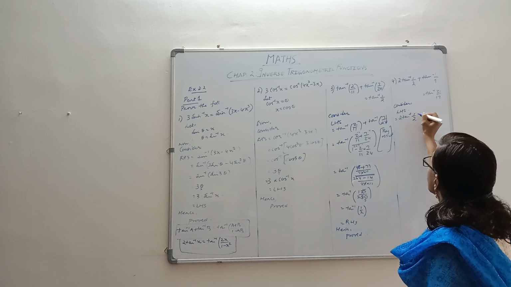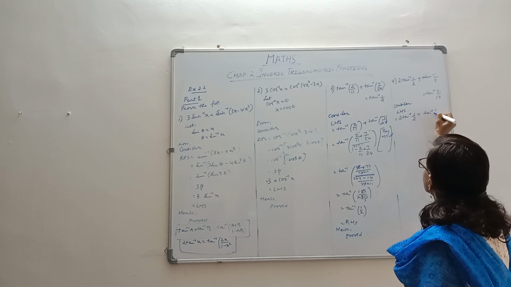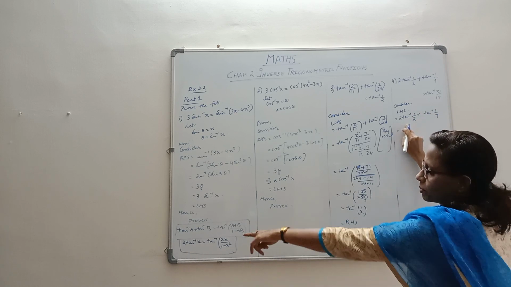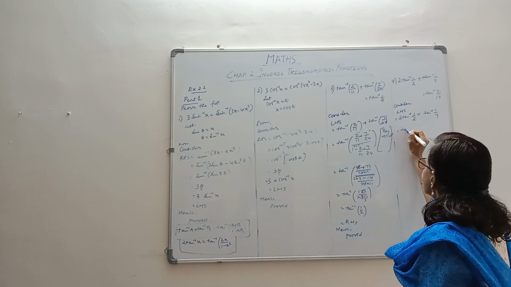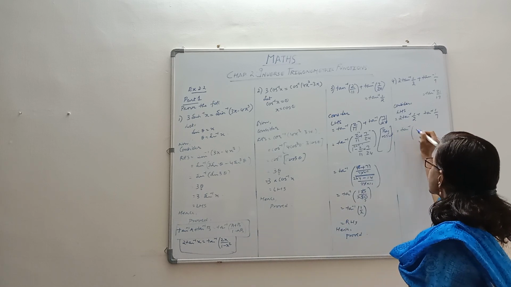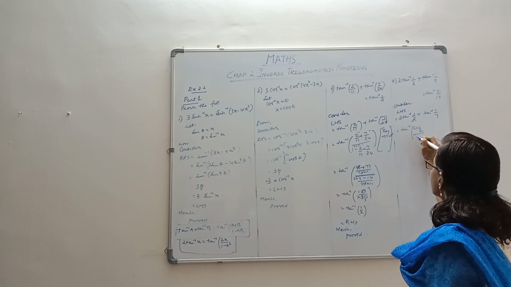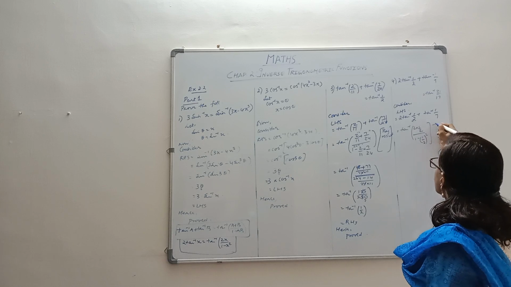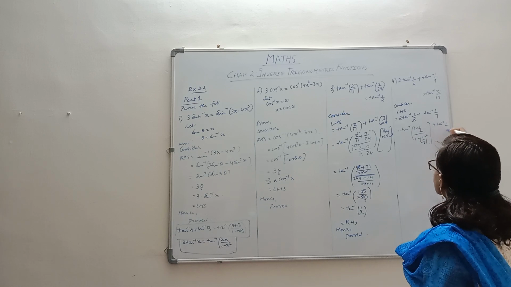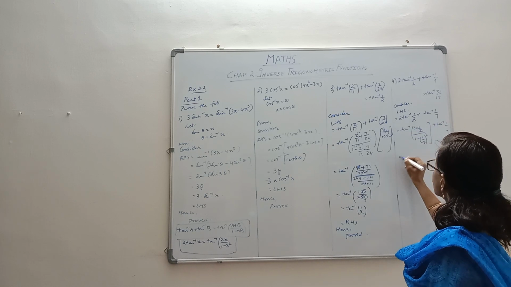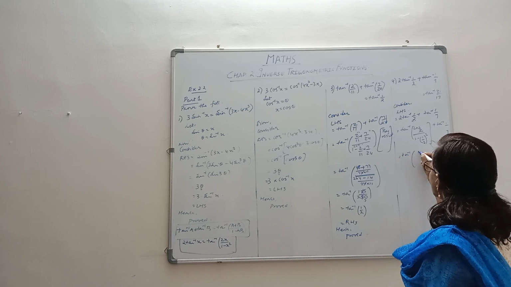So that is 2 tan inverse of half plus tan inverse of 1 by 7. By the formula, it will be tan inverse of 2x, and this is your x. So 2 into half by 1 minus half squared, that's the formula 1 minus x squared, plus tan inverse of 1 by 7. This will cancel. This will become tan inverse of 1 by (1 minus 1 by 4).